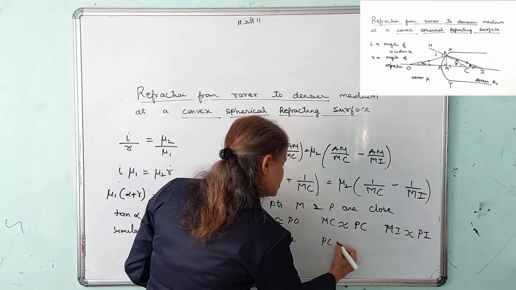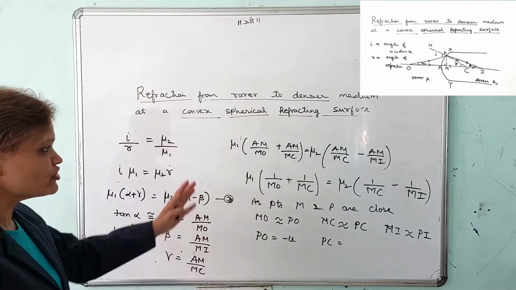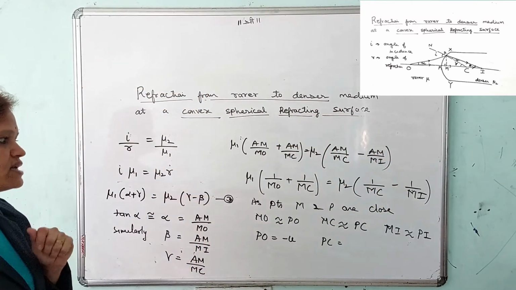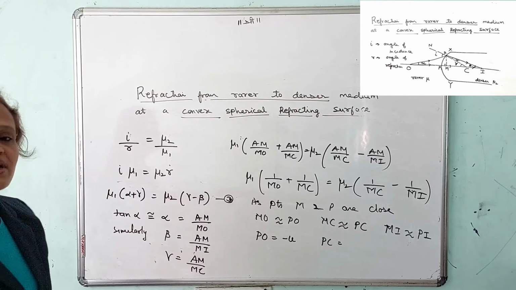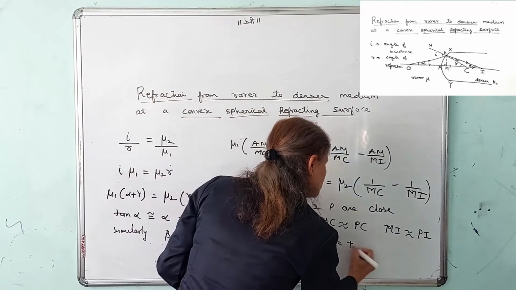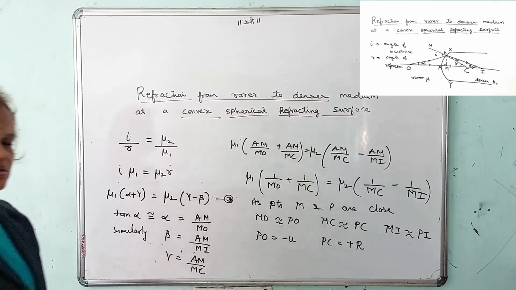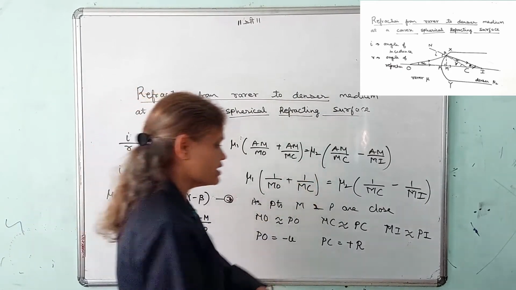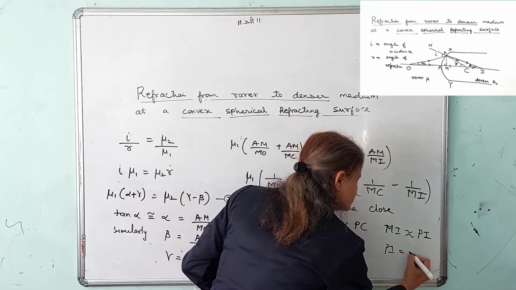So even PC, the center of curvature, is to the right side of the pole. So right side distances are positive, and PC is nothing but the radius of curvature, plus R. And if you see PI, I is the image, found again on the right hand side, so it is positive, plus v.